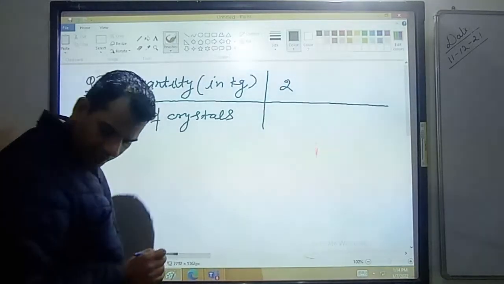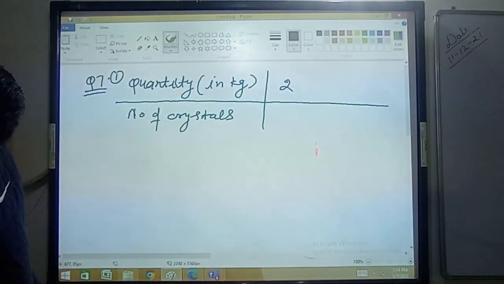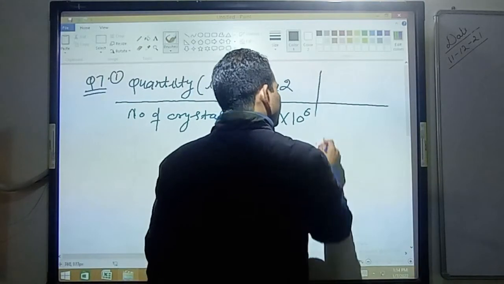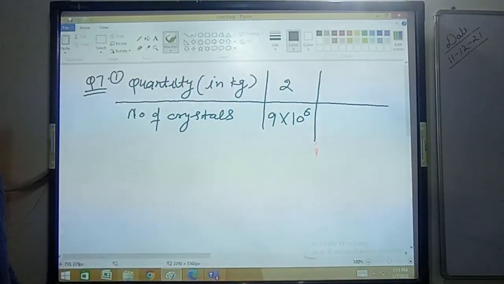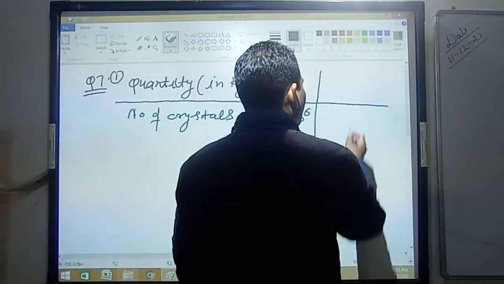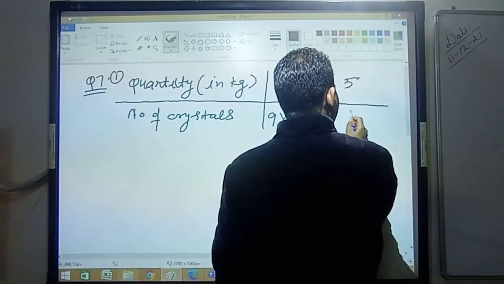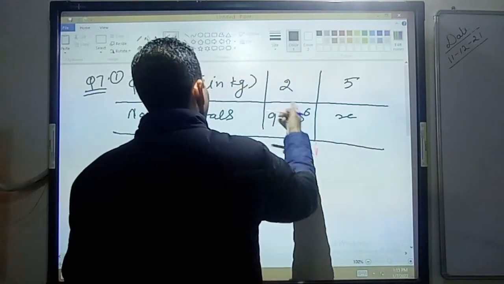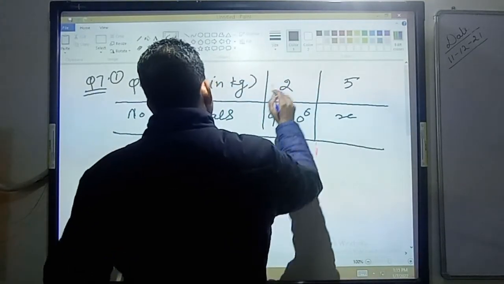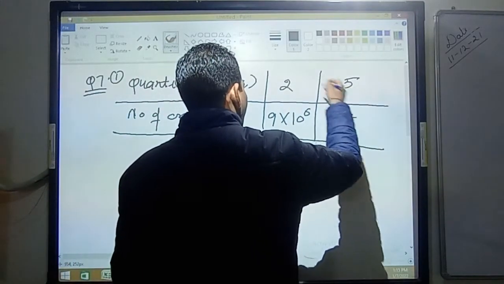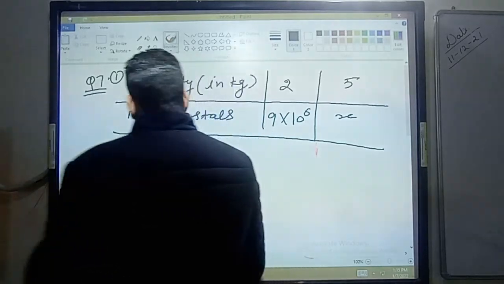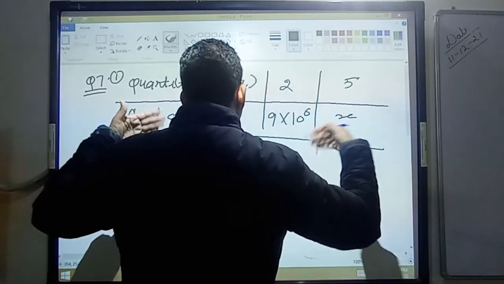Number of crystals is 9 into 10 raised to power 6. In 5 kg of sugar, number of crystals will be more or less? If sugar is increased from 2 kg to 5 kg, and in 2 kg number of crystals are 9 into 10 raised to power 6, then number of crystals will be increased or decreased?